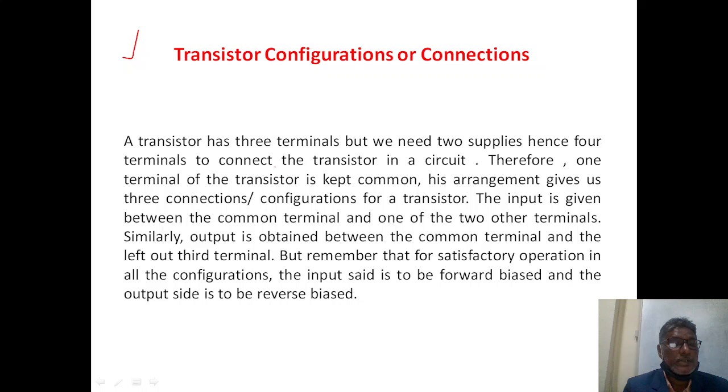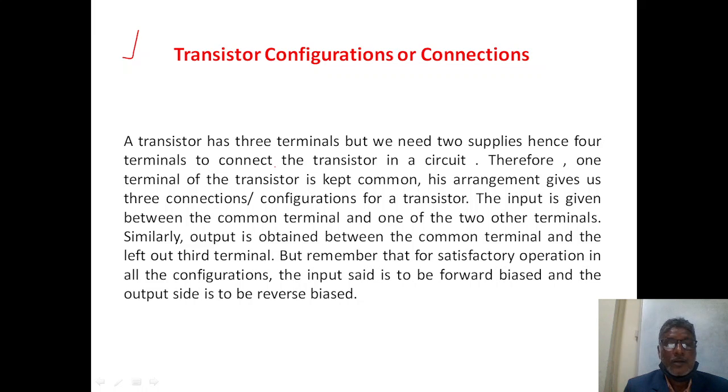The input is given between the common terminal, that means the ground terminal, and one of the two other terminals. Similarly, the output is obtained between the common terminal and the left out third terminal.